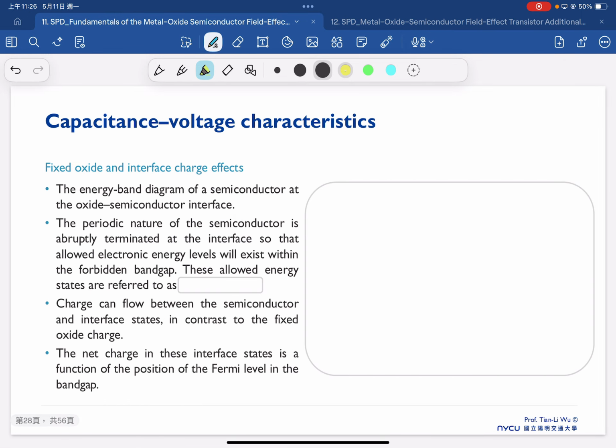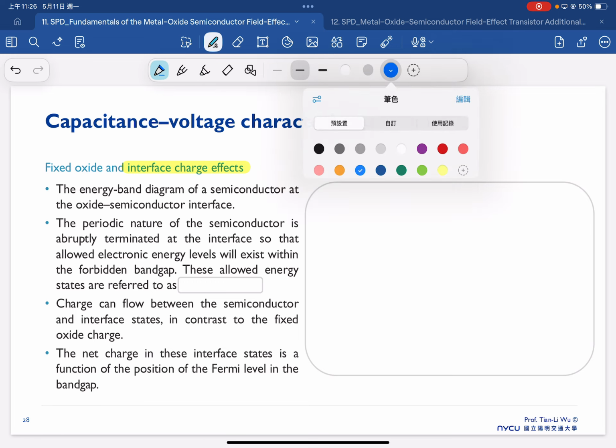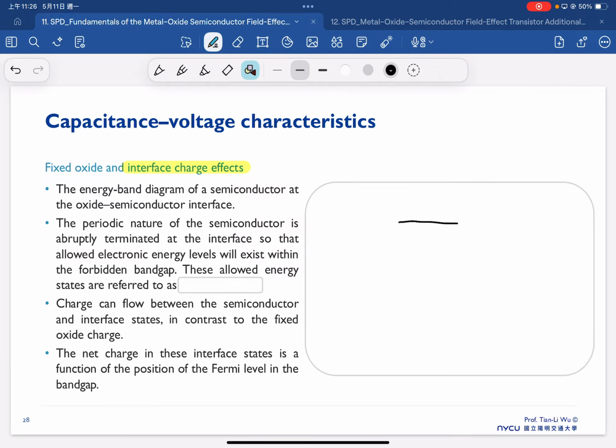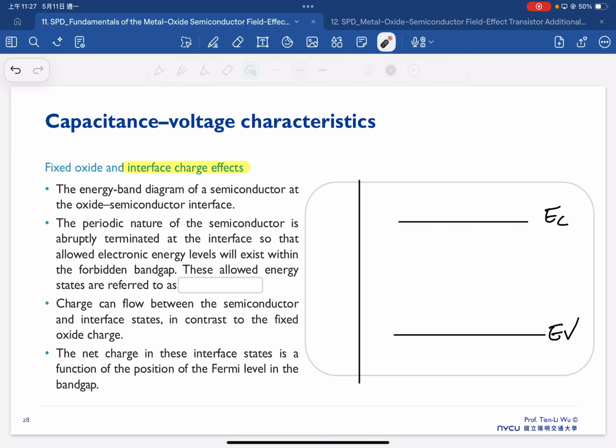Another very important issue is the interface charge effects. As I already said, if you look at the band diagram, and we have the dielectric here, this is an energy band diagram for a semiconductor at the oxide-semiconductor interface.